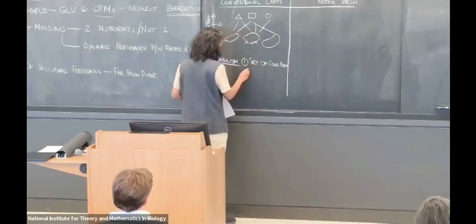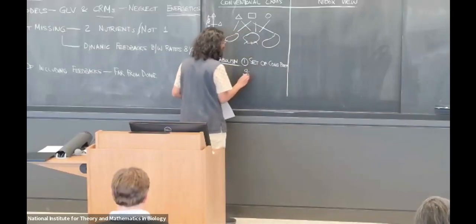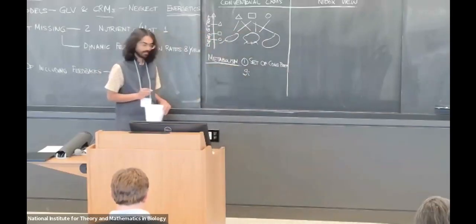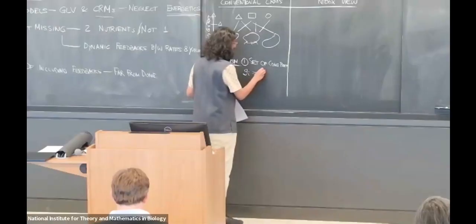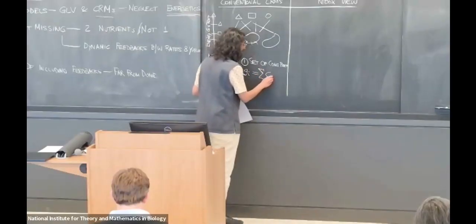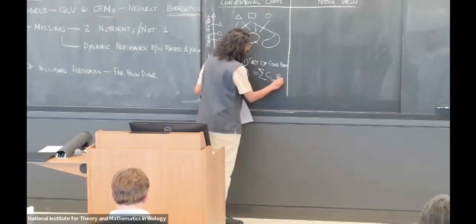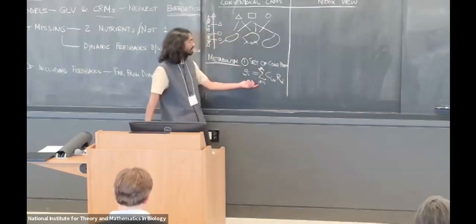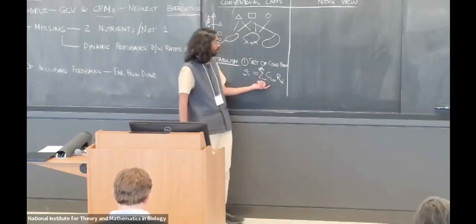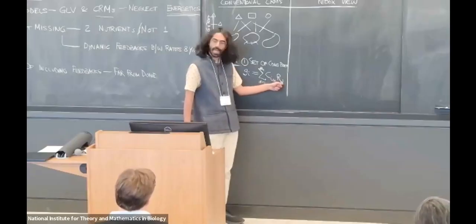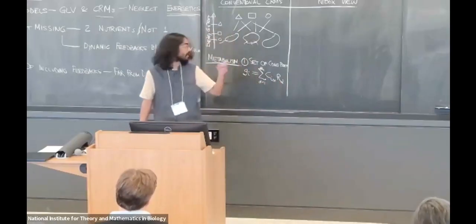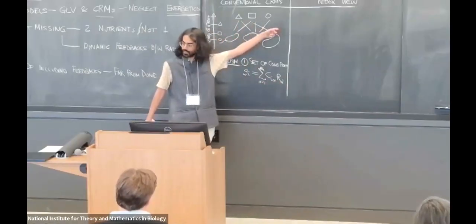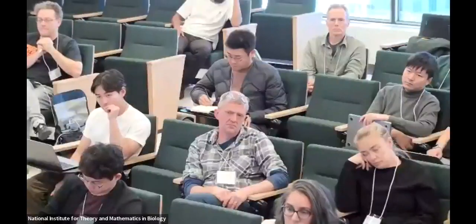And then you think about a growth rate G sub i of species i as just some nice little sum that goes something like this. These R sub alphas are the concentrations or the abundances of all of these different resources at the present moment, so you might want to talk about it in time.